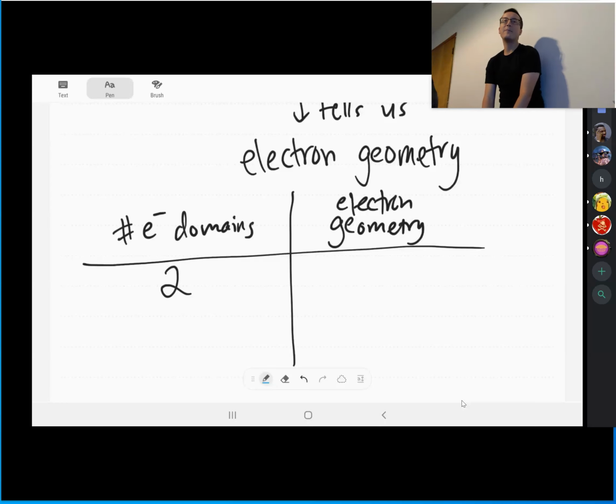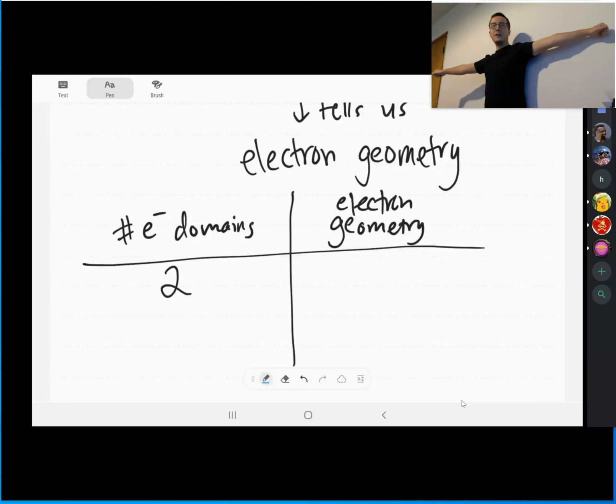How am I going to do that? Electron domains do not want to be near each other. So if I put my arms straight out like this, I'm T-posing on you guys. If I do that, these arms are going to be as far apart as possible.